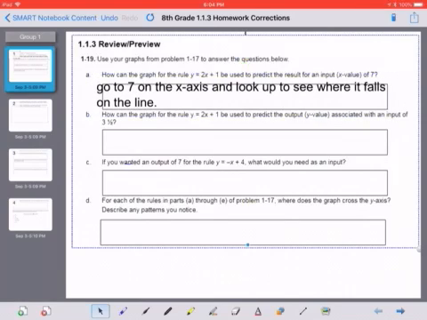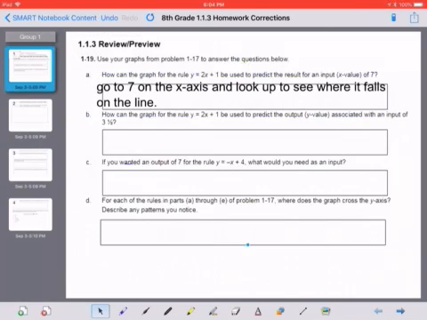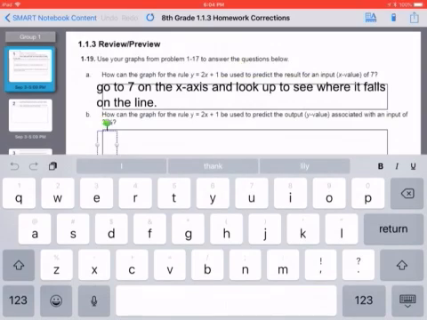The next question asks us, how can the graph for the rule y equals 2x plus 1 be used to predict the output y value associated with an input of 3.5? So it's very similar to the problem before. Instead of going to 7 on the x-axis, we're going to go to 3.5.